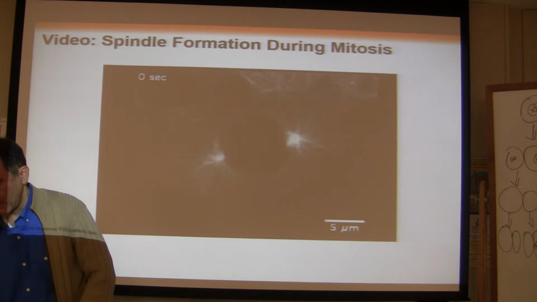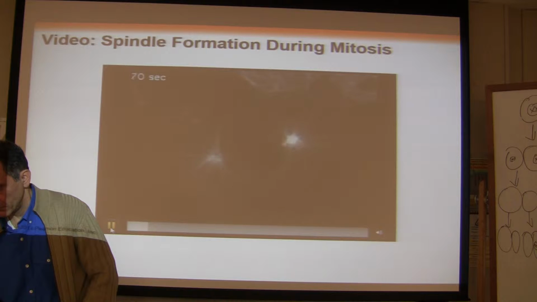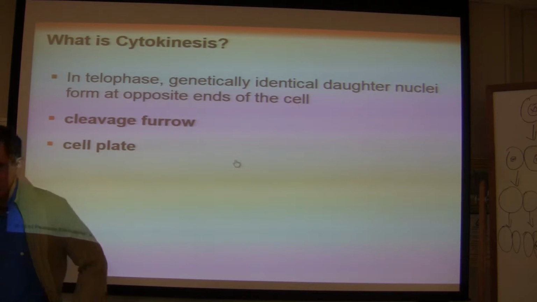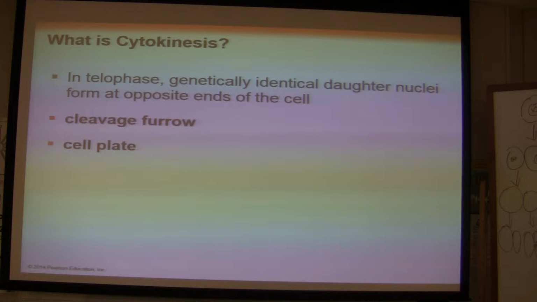Another video. Okay. Here are the chromosomes, and those are centrosomes. What is cytokinesis? In telophase, genetically identical daughter nuclei form at opposite ends of the cell, and there is a cleavage furrow or a cell plate.